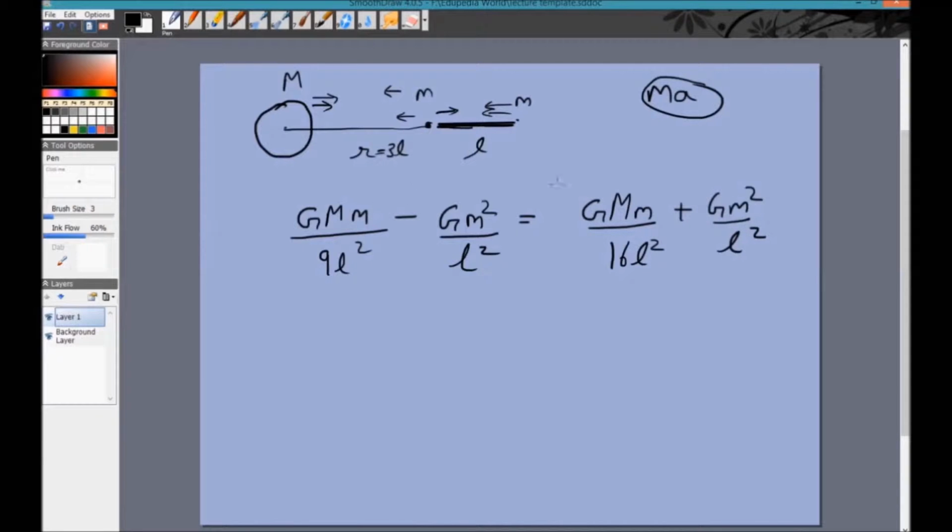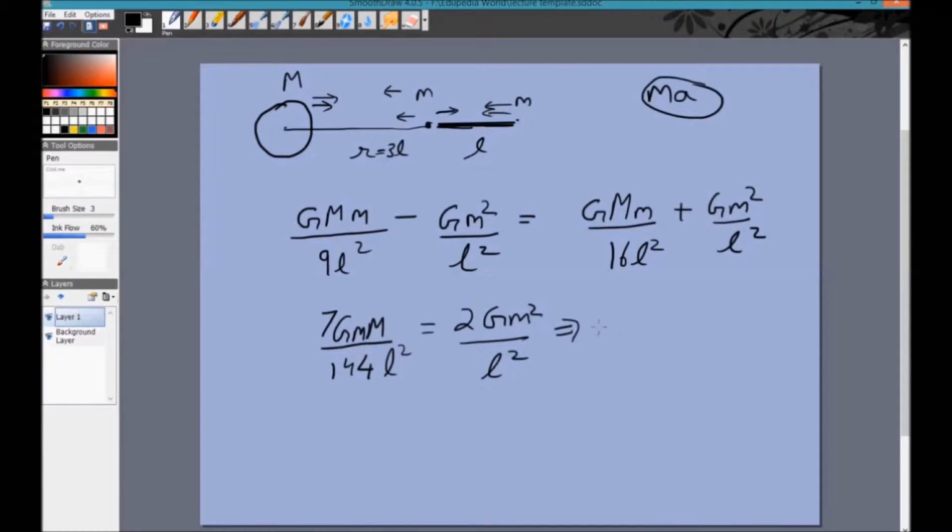So now all that's left is to simplify this. We get this minus this, that means we get 7GMm by 16 times 9, that is 144, L squared is equal to 2Gm squared by L squared.